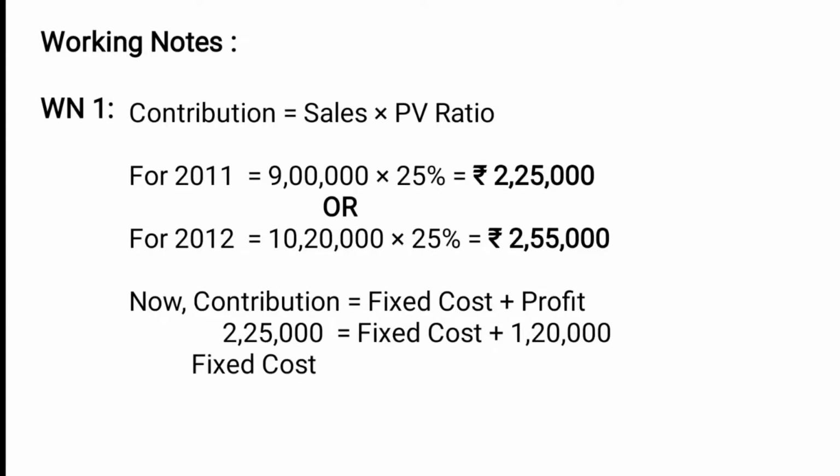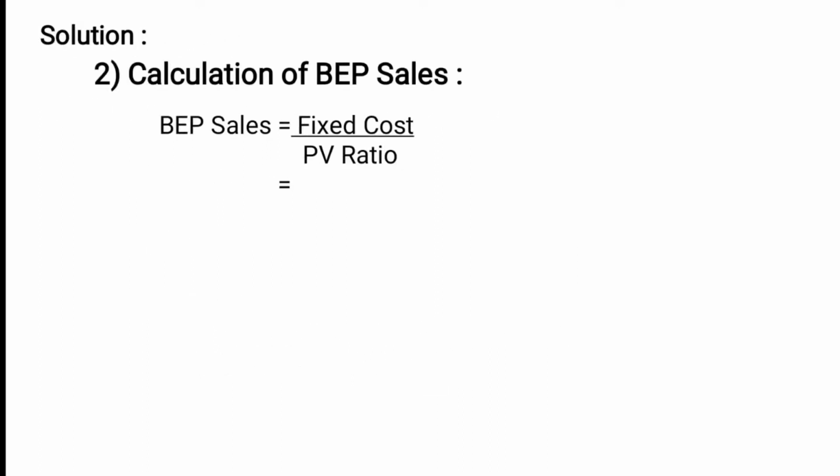So fixed cost is equal to rupees 1,05,000. So we'll record it, fixed cost as rupees 1,05,000 divided by PV ratio, which is 25%, which will be equal to rupees 4,20,000. So the BEP sales amount is rupees 4,20,000.